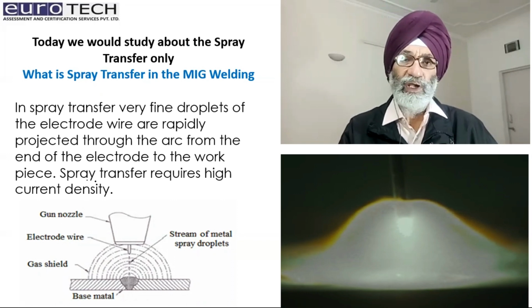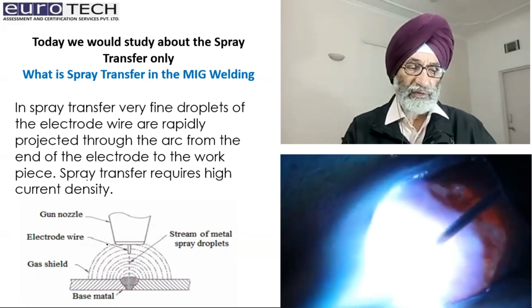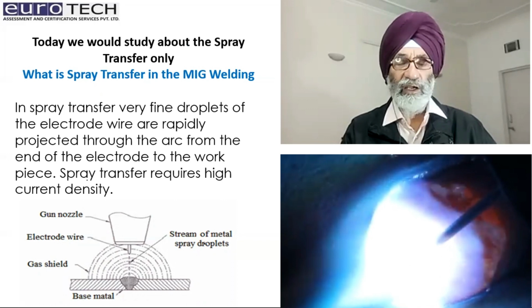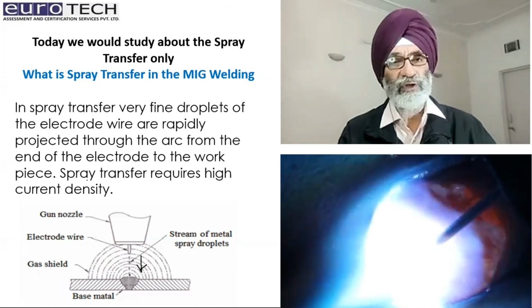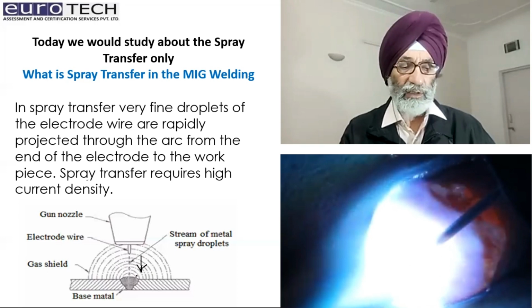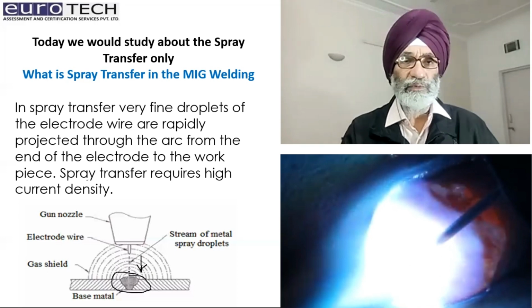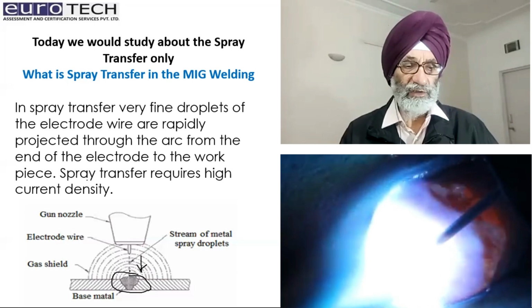If you see in the diagram, there is a gun nozzle, there is the electrode wire, and the spray of droplets is sprayed onto the base metal, forming a puddle. So this is basically the spray arc transfer, which we will now see in detail.